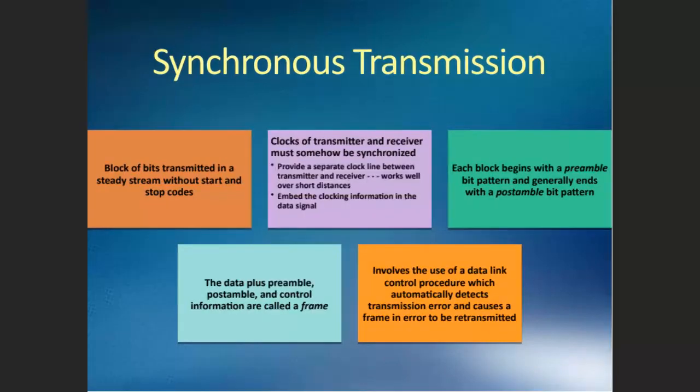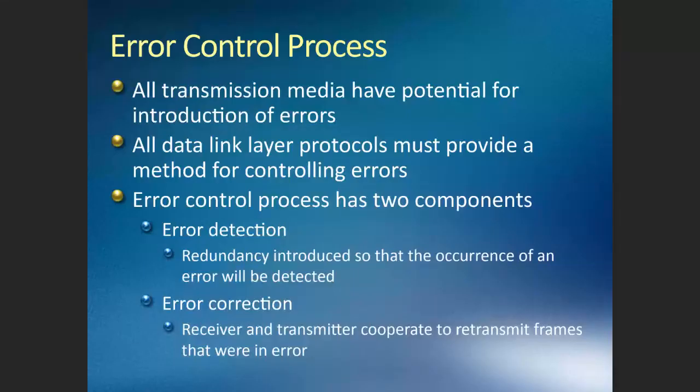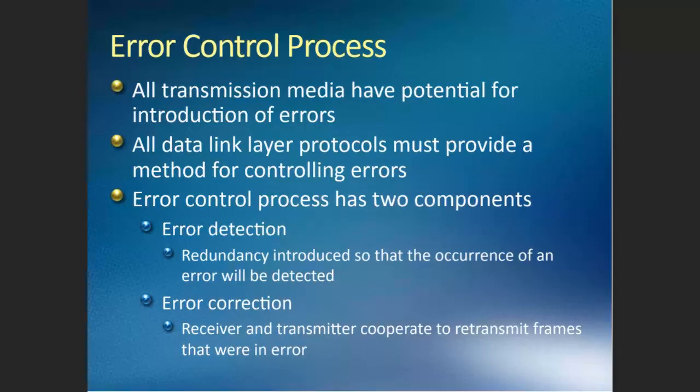It involves the use of a data link control procedure which automatically detects transmission errors and causes a frame in error to be retransmitted. The data link will detect if a frame came with error, it will ask the sender to retransmit that data. All right? The error control process: because all transmission media have potential for errors, all data link layer protocols must provide a method for controlling errors.